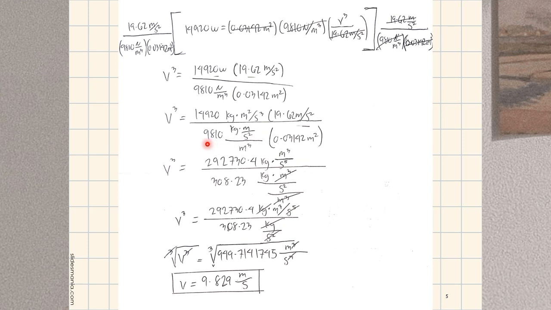So 9,810 kilogram meter per second squared per cubic meter times 0.03142 meter squared.